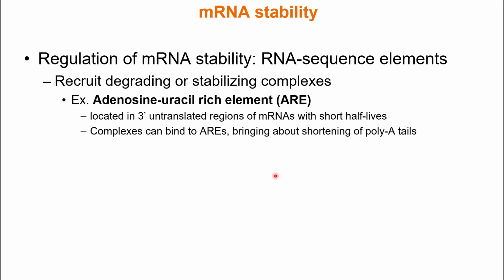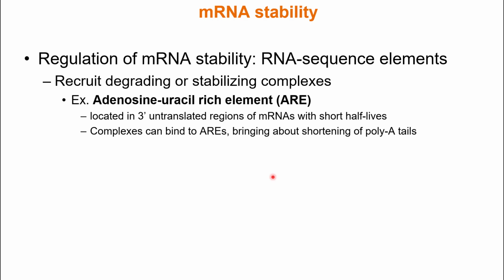A lot of our mRNA stability is going to be regulated by what we call RNA sequence elements. They help recruit either the degrading or stabilizing complexes. An example of this would be adenosine uracil-rich elements. We call these AREs.